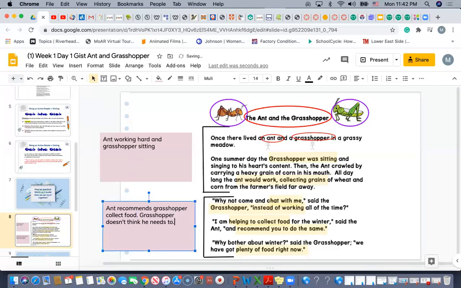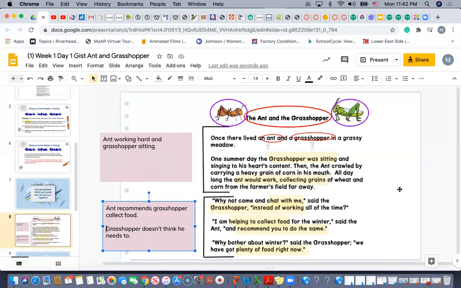Okay. Now I just put periods there just to make sure that I can separate my thought, but you can always just press the enter or return key to separate them that way if that's easier for you to do, okay? So I'm seeing a pattern here. I'm seeing, just like I saw in the first part, that those same personalities or traits of ant and grasshopper are almost being repeated, okay?